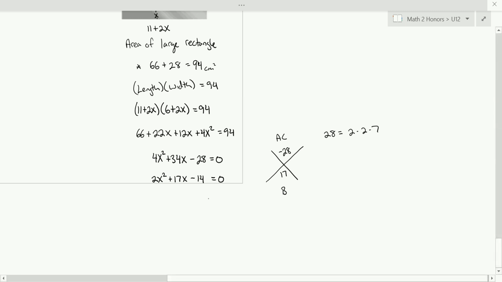Remember, you guys still have that quadratic formula memorized? Okay. You'll need that for the test, and you need to have that memorized for the test.